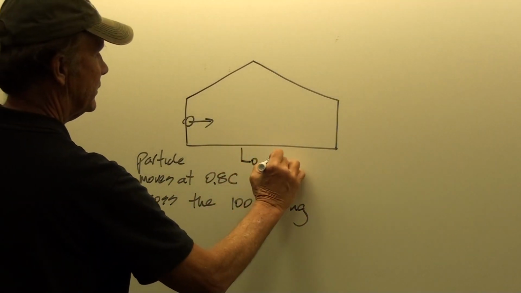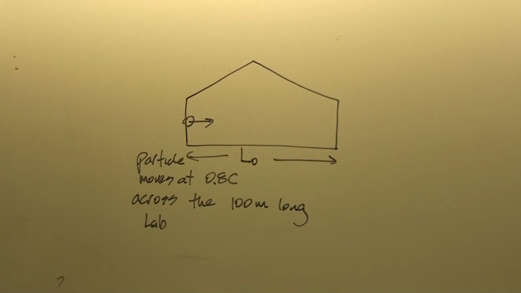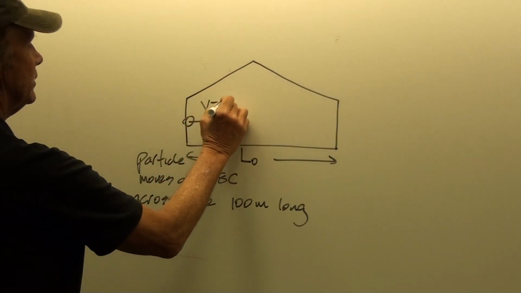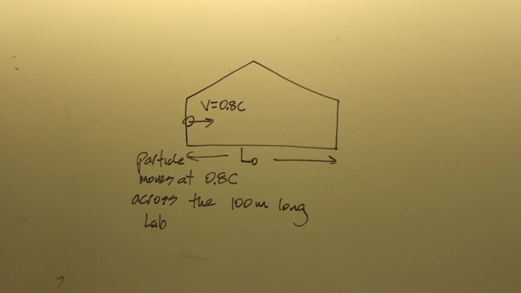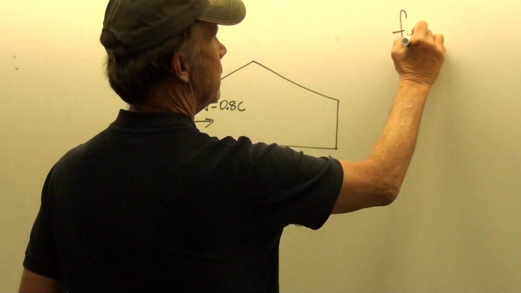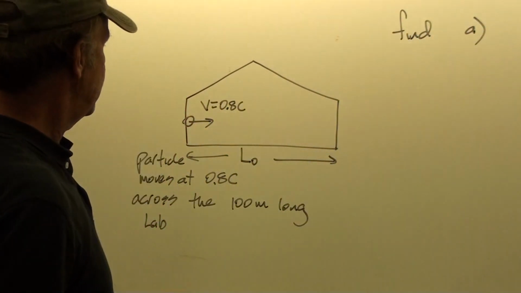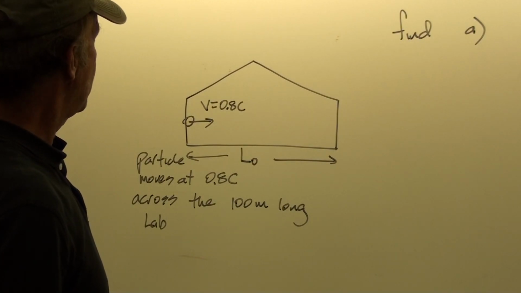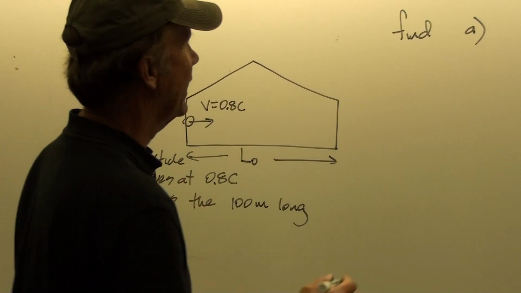So I could call this distance L naught, and that L naught value is going to be 100 meters. Let's say the velocity here is 0.8 c. And so let's find first A, the distance that the particle travels relative to the lab.